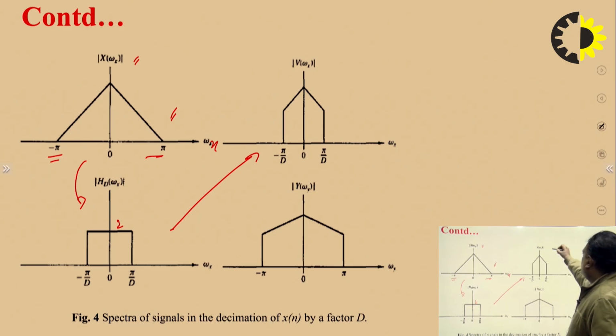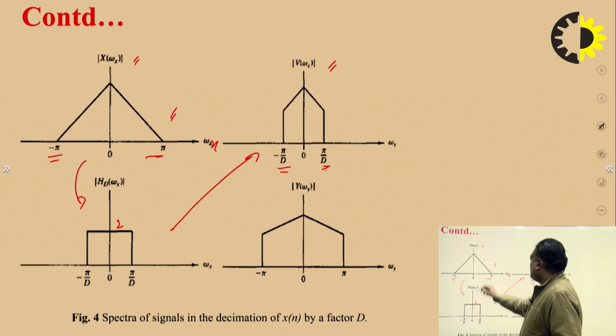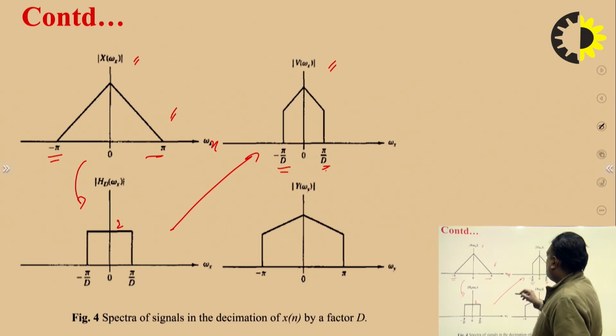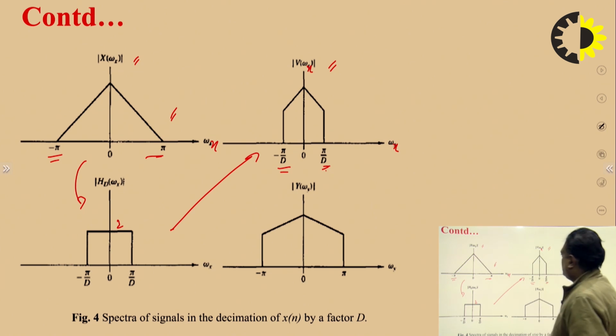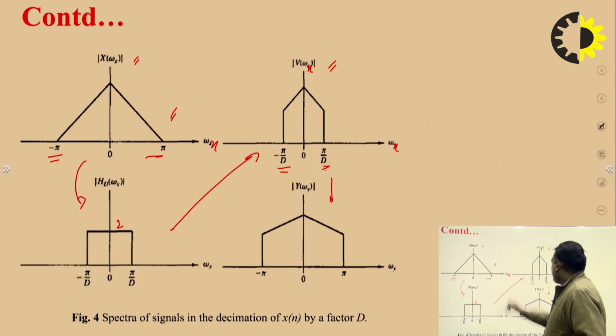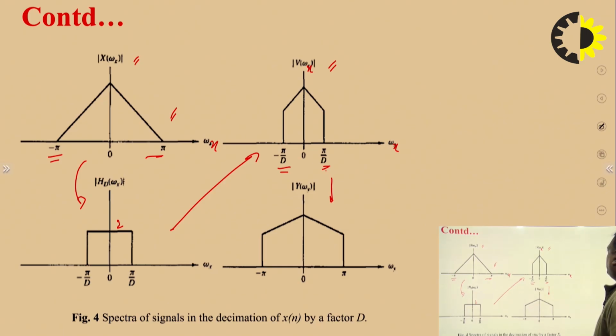This is the intermediate signal after passing through the low pass filter. You can see the bandwidth is now minus pi by D to pi by D, but the rate has not changed yet. Then in the final step we do the downsampling.